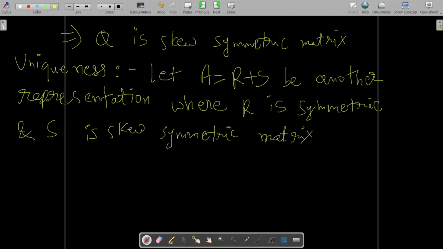So A equal to R plus S is another representation where R is symmetric and S is skew symmetric matrix.